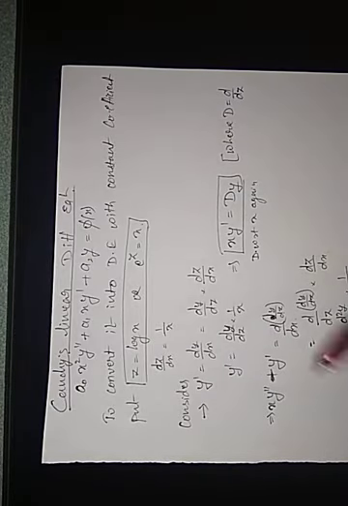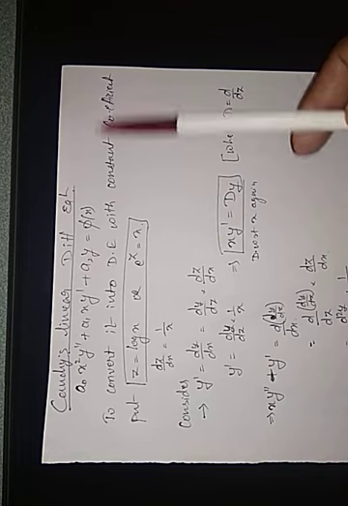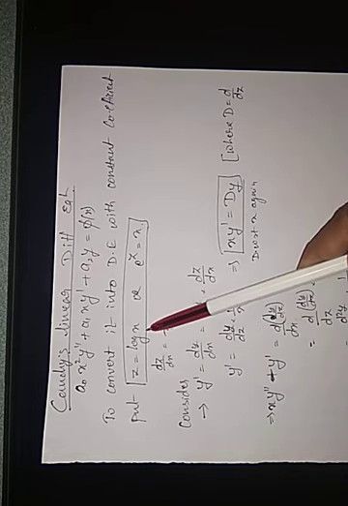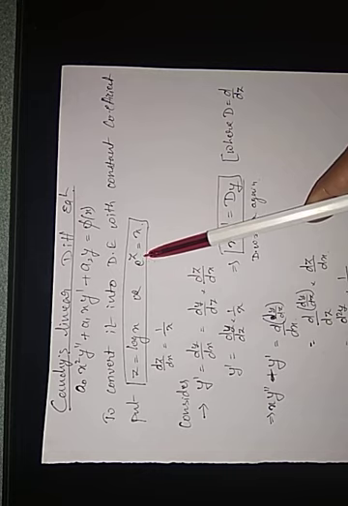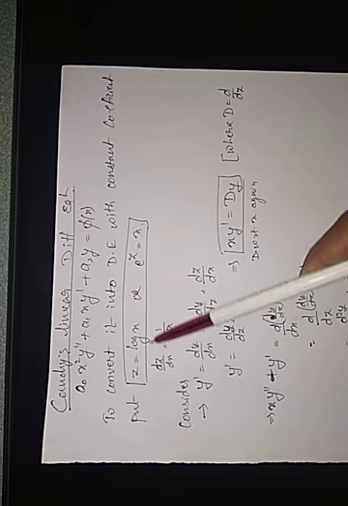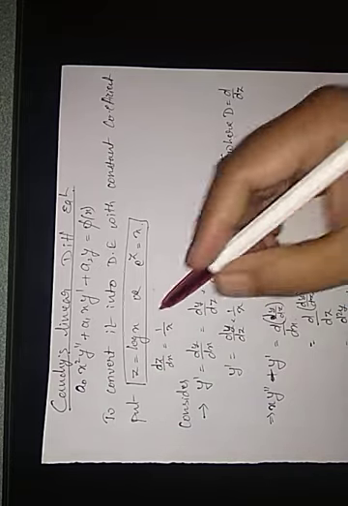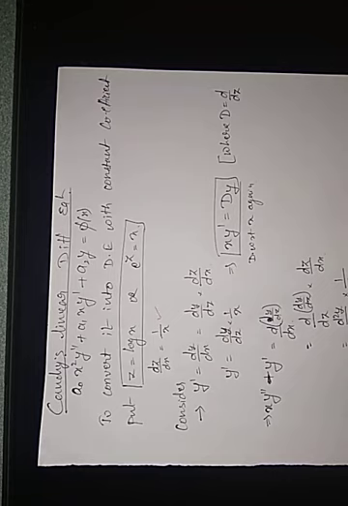Just consider a Cauchy's linear differential equation of this type. To convert it into a differential equation with constant coefficients, we just put z is equal to log x, or e to the power z equal to x. Then if you differentiate this with respect to x, dz by dx will become 1 by x. Remember this: dz by dx equal to 1 by x.